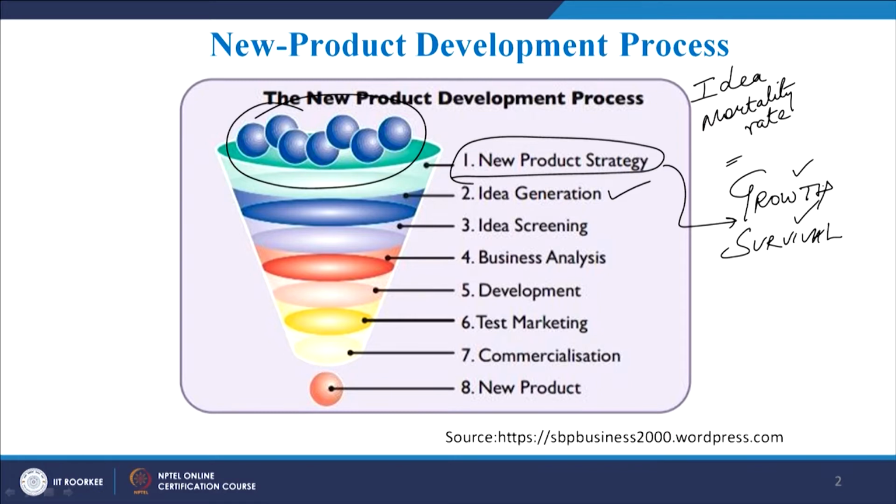So for that we try to have a new product strategy, that we want to come up with a new product. Once we decide on that, we want to come up with the updated version of our product. Once we finalize that, we go for idea generation. A number of ideas are generated.